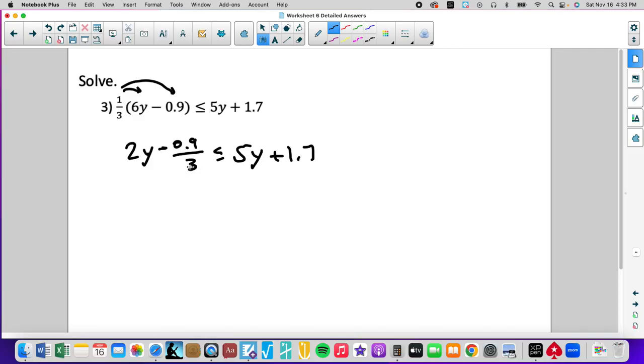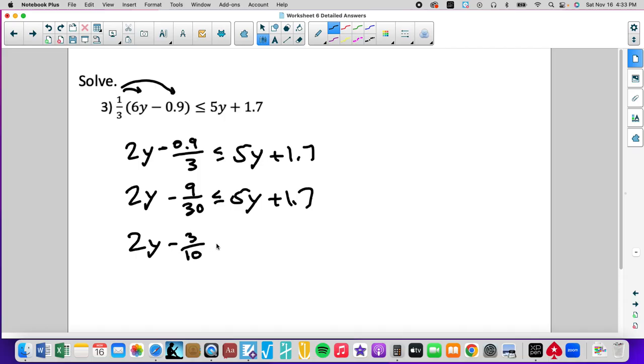That's negative 9 over 30. 2y, if we divide it by 3, is 3/10. Let's make that just 3/10. 0.3 is less than or equal to 5y plus 1.7.